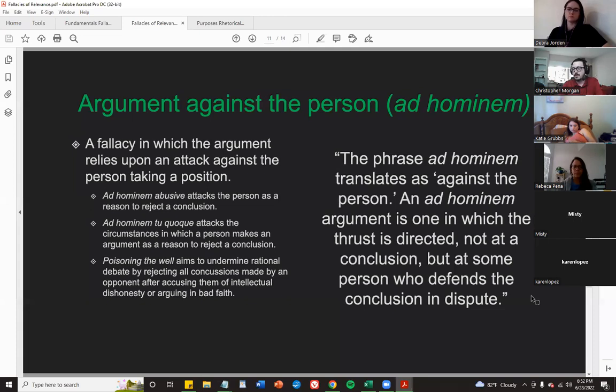This is a particularly difficult one to navigate because if you are engaged in debate with someone that has a history of malicious intent, then the poisoning the well fallacy is a little bit more difficult to navigate. I'm not saying that it doesn't exist, but there do become times, and this is related to something we'll touch on at the very end called the Gish Gallop, which isn't as much a fallacy as it's just a strategy of overwhelming your opponent with nonsense.